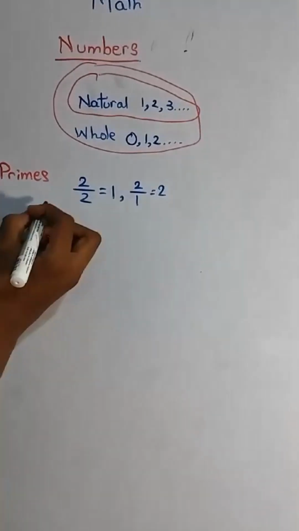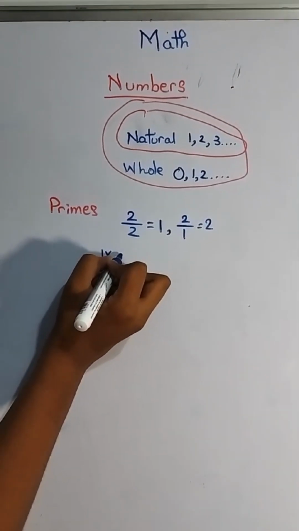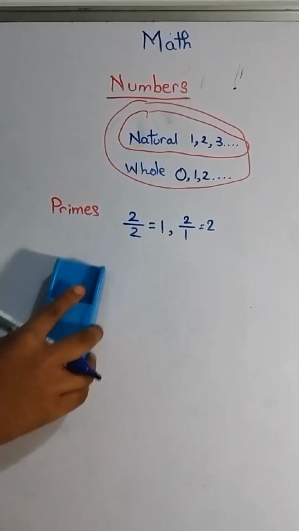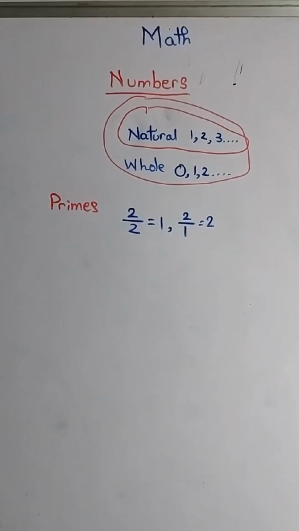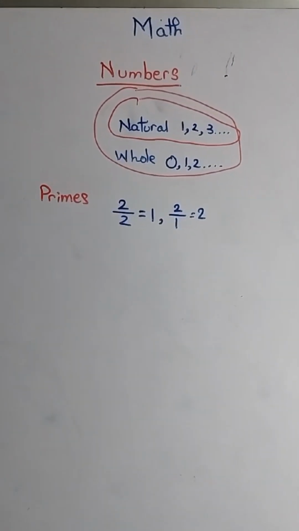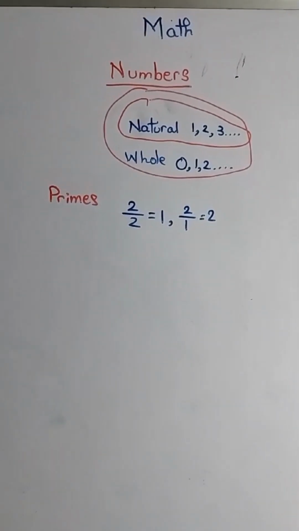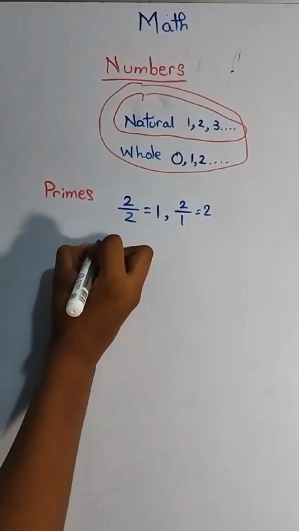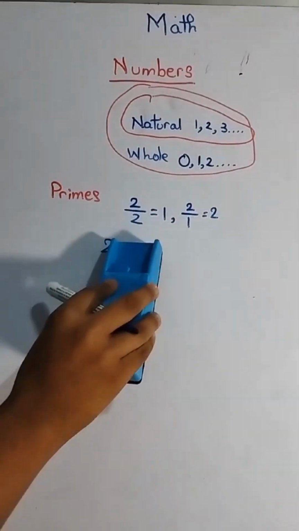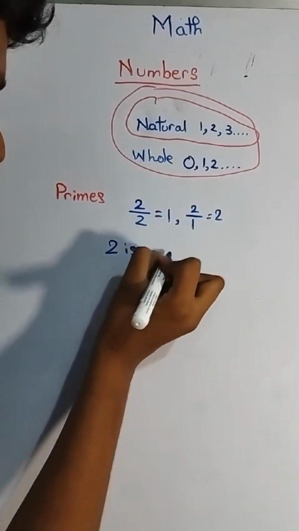All numbers are multiples of 1, therefore any number multiplied by 1 will be the number itself, also known as the multiplicative identity of numbers, which will come back another time. So for example, in this case 2 cannot be divided by any other number, and therefore 2 is a prime.